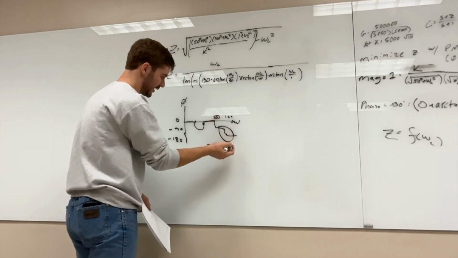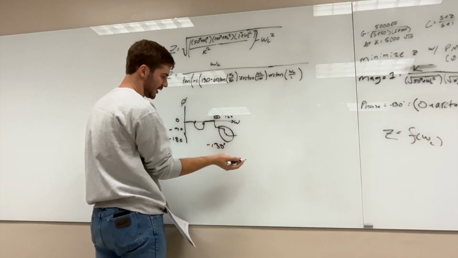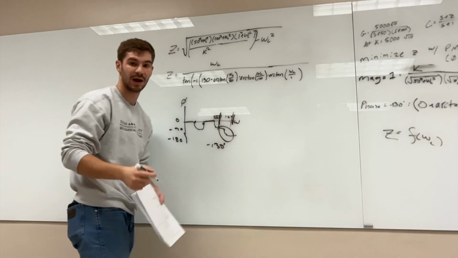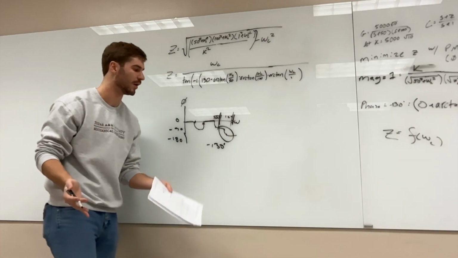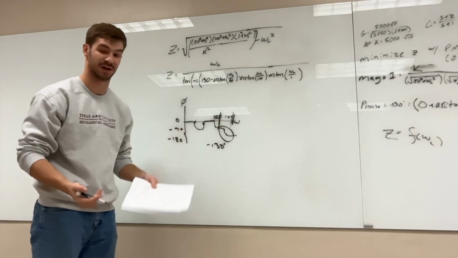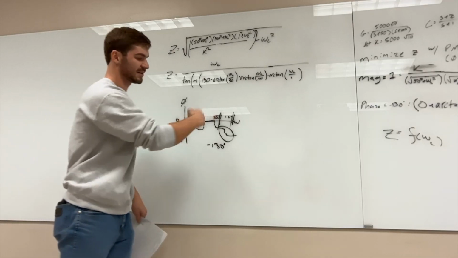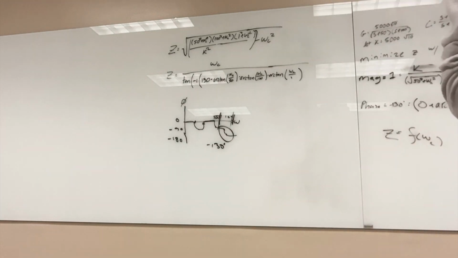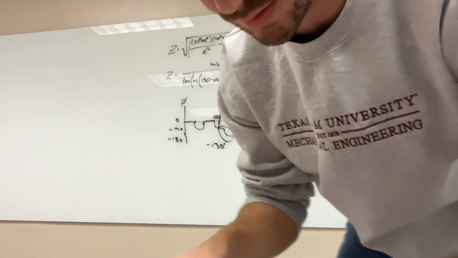So 100 is negative 180, 50 is negative 90. You can just say, okay, somewhere between 60 and 120, I know for sure I'm going to have a phase margin of 50, or an angle of negative 130. And so that's going to be your bound when you make your window, so you can actually do that analyze part of it.